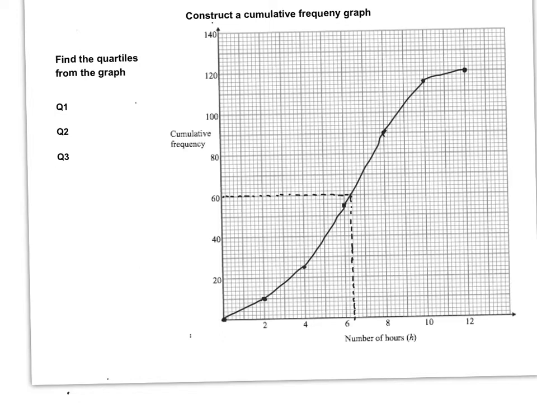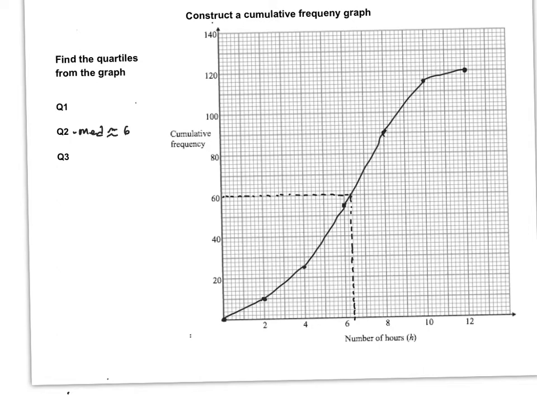And you can see that that value is about, it's less than 7, because 7 is here, and it's less than 6.5, so I would say about 6.4. Oops, not quarter one. This is Q2, or the median. Median is also called Q2, second quartile.